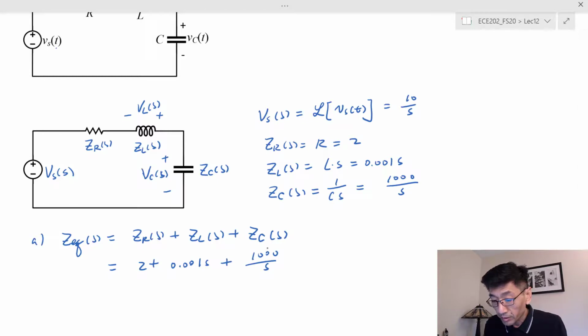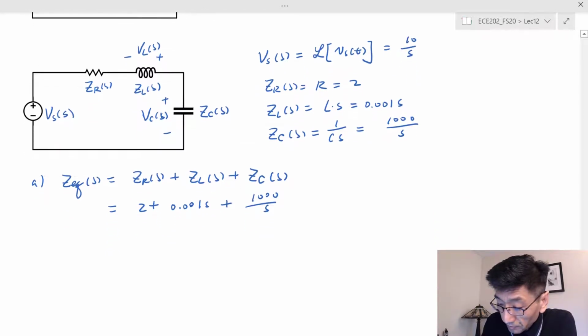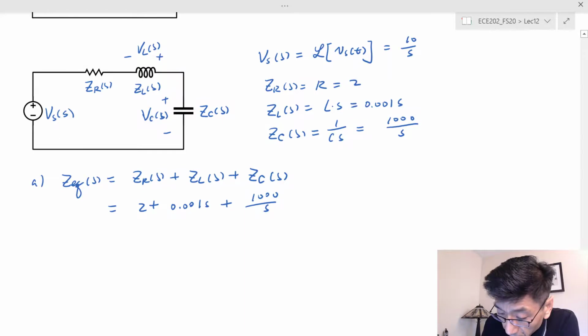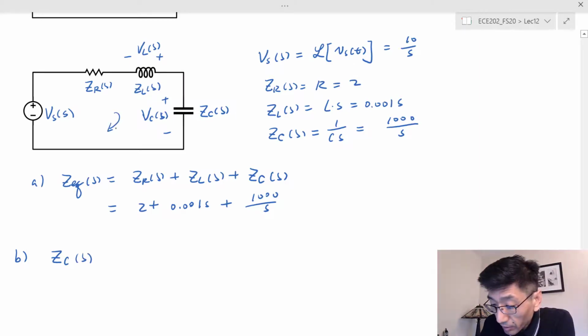What about the voltage? Let's do the voltage division, and let's do the easy one, Z sub C of S. Look at the way we're labeling V sub C and V sub S: one is a voltage drop, the other one is a voltage rise.